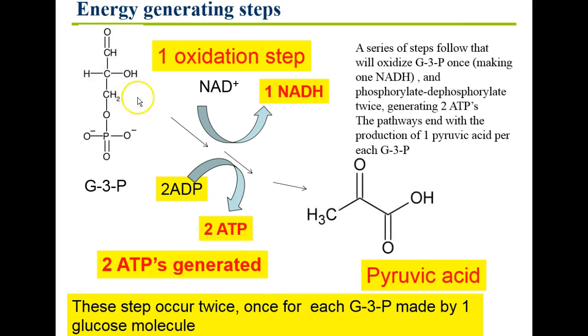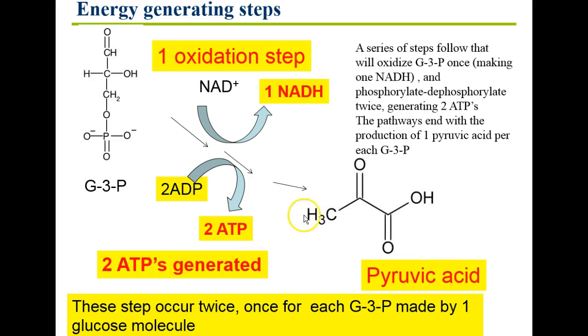The first oxidation step during the energy generating step of glycolysis involves the removal of hydrogen atoms from G3P and the reduction of NAD+ into NADH. Now we have one electron carrier molecule being produced.